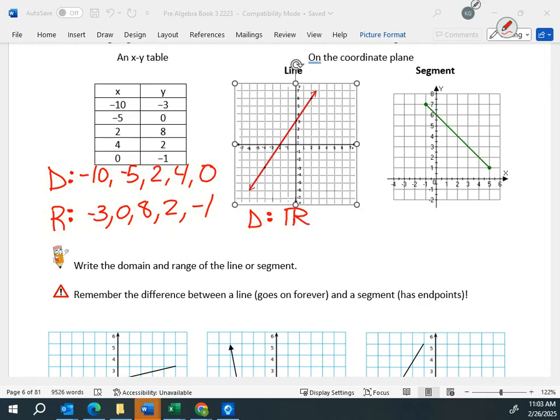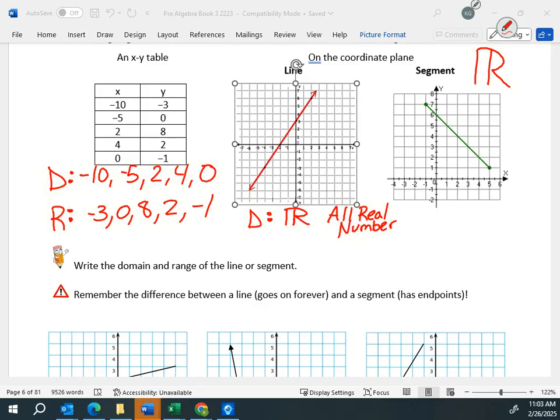And that is the symbol for all real numbers. So to make it bigger, you do 2 lines, you come to this first one, and you turn it into the R. That means all real numbers.